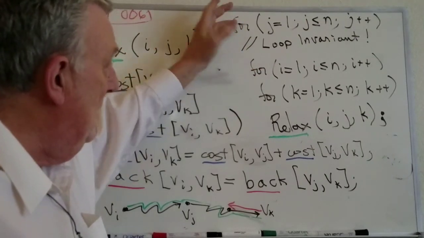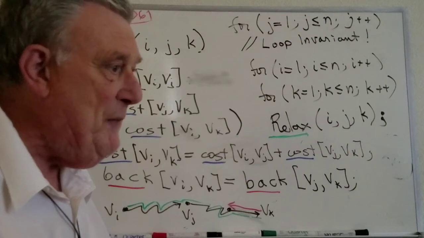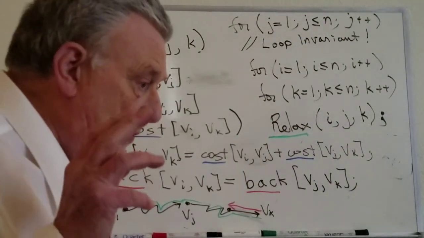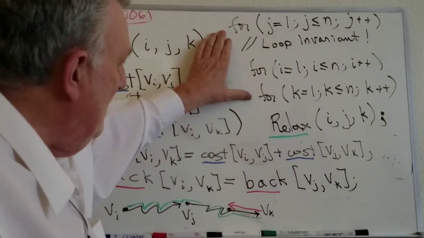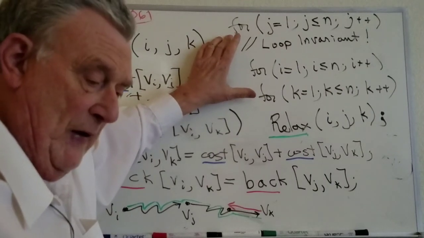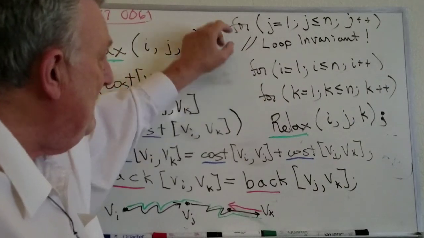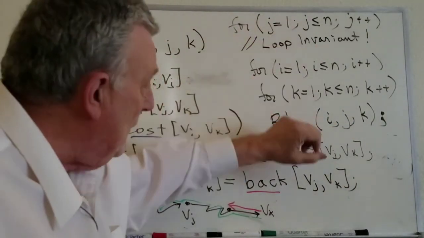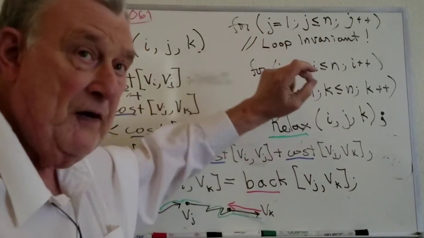Actually, if you don't do that, you'll get results, but they might not be correct, and you might not realize it. And of course, if you do it incorrectly, you can achieve the same effect by iterating this whole thing log n times. But that's not necessary if you put the middle index first as the outer loop. The first and third indices could be in either order, it doesn't matter.